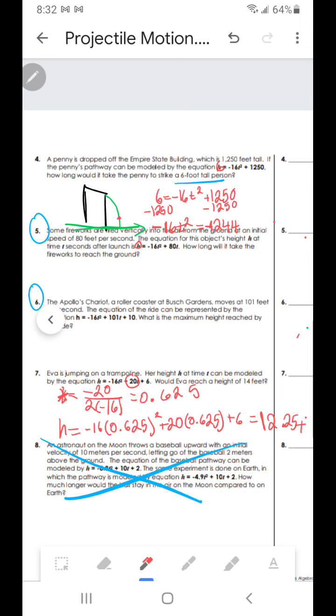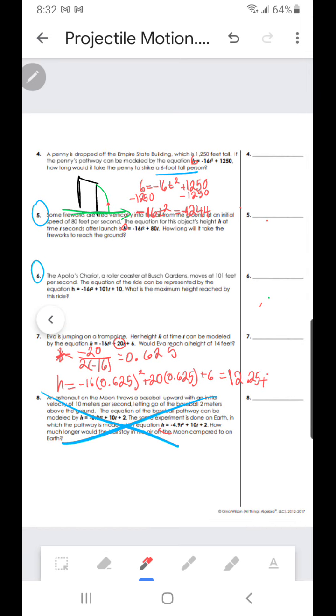So we're talking about the height now. The question is, if the maximum height is 12.25 feet, is she going to reach 14 feet? Well, no. The highest that she's going to get is 12.25 feet. She won't reach that 14. So the answer is no. She'll only reach the 12.25.